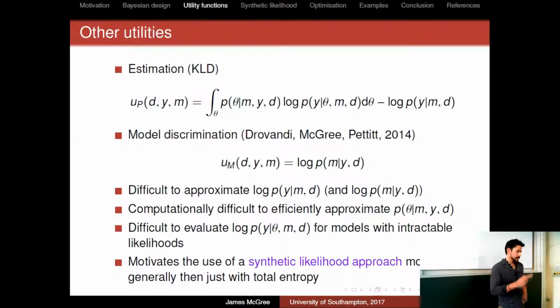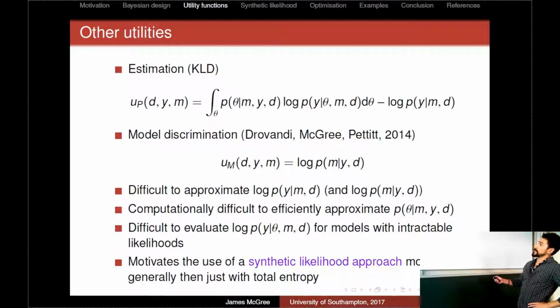Oh yeah, there are other utilities as well that we could consider, which are actually components of total entropy. The usual KLD utility is quite difficult to calculate as well. You've got the first term in total entropy here, and the log marginal likelihood there. Even when you know the likelihood, that's quite difficult to evaluate a large number of times.